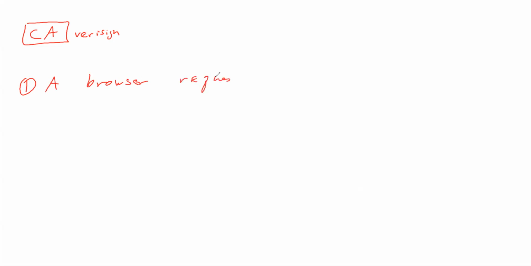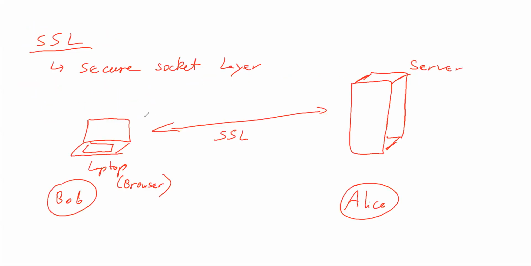requests a secure page. Usually this is going to be achieved through HTTPS, so we're going to use HTTPS there. When the browser makes the request, it kind of goes like that, a request to the server.